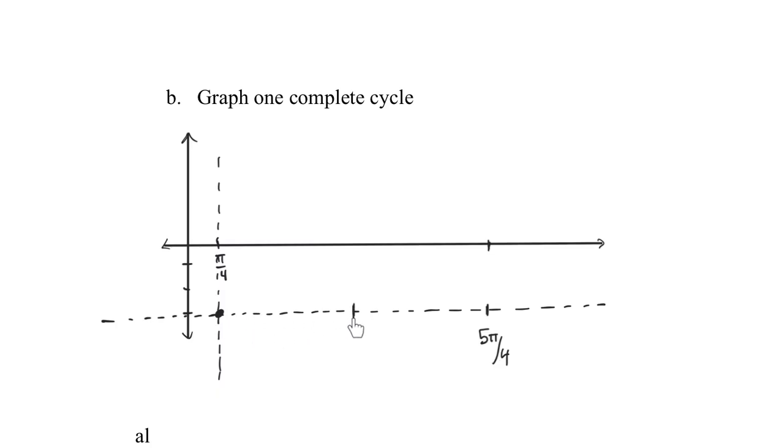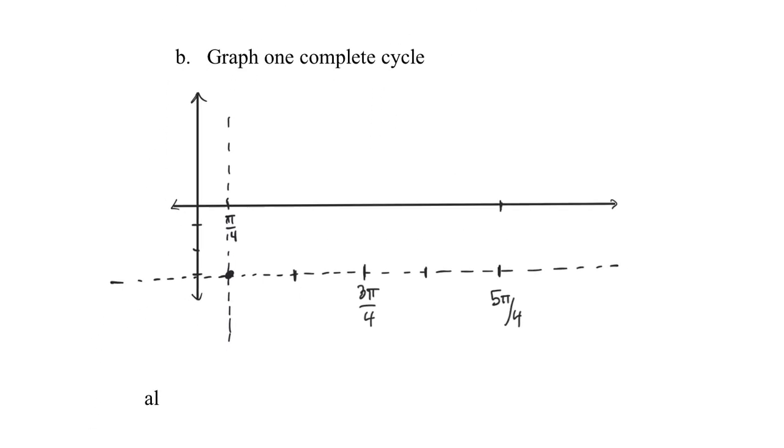And then the midpoint here is, instead of going a full period of pi units, it's pi over 2. So if we have pi fourths and we add pi over 2, which is 2 pi over 4, we're going to get 3 pi over 4. And then the amplitude is 2. So from the midline here, we're going to go up 2 units and down 2 units. Sine function starts at the midline.